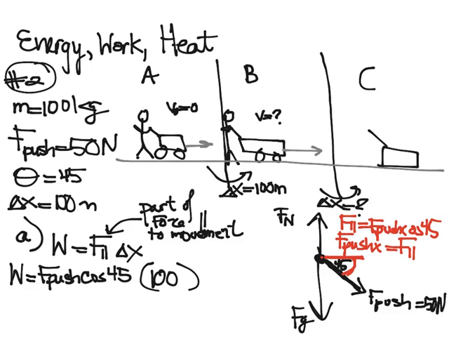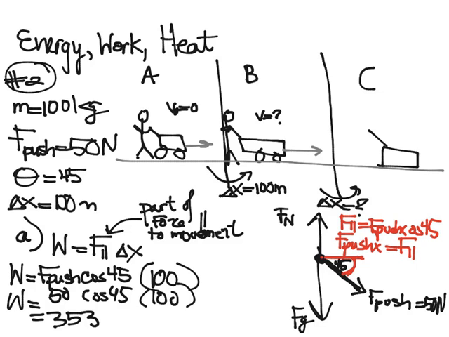And if you multiply that all out, you plug in 50 for F push, so 50 times cosine 45 times 100, and you end up with 3,536, and the unit is joules.